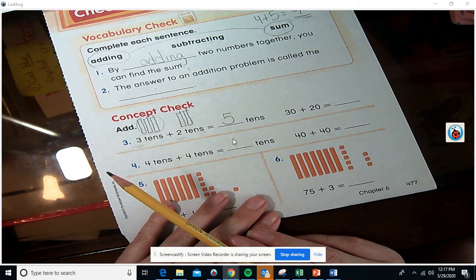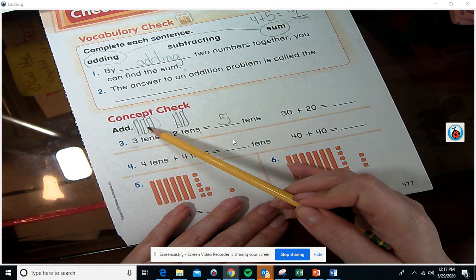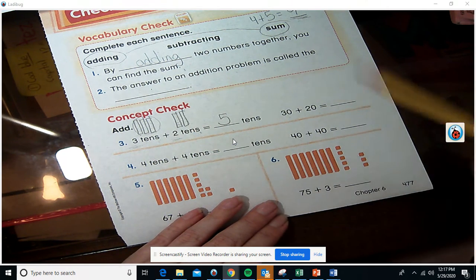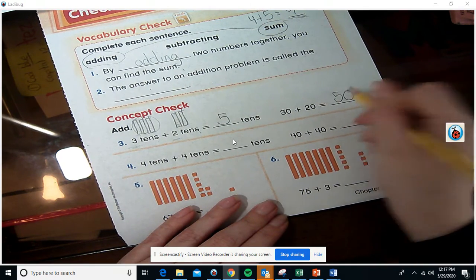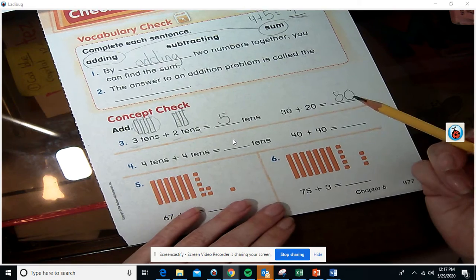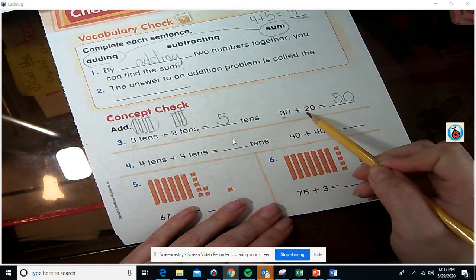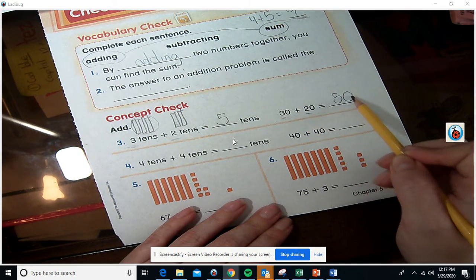So I can find that out by counting by 10. 10, 20, 30, 40, 50. So I know that 30 plus 20 equals 50. And a kind of a shortcut of doing that is adding the first two numbers, 3 and 2 equals 5. And then we just add 1, 0.